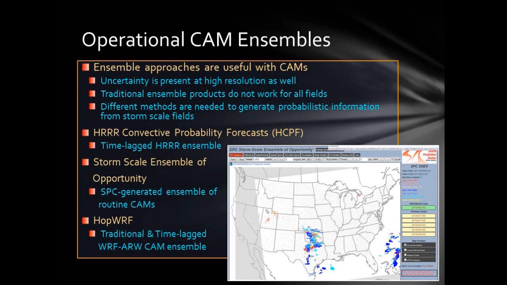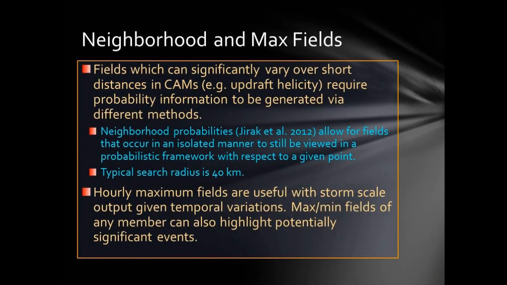One of the downfalls or negatives of it, though, is it is based basically once per day. It's a 0Z run looking out through the day. And obviously things can change over time. So that's one of the things that was the impetus behind what we're doing. And I just alluded to this, where you do these neighborhood and you look at these hourly maximum fields and things like that to tease out some additional details from these runs. And I'll show some examples of at least some of this so that it makes a little more sense.